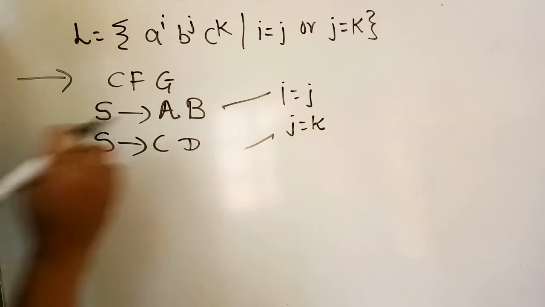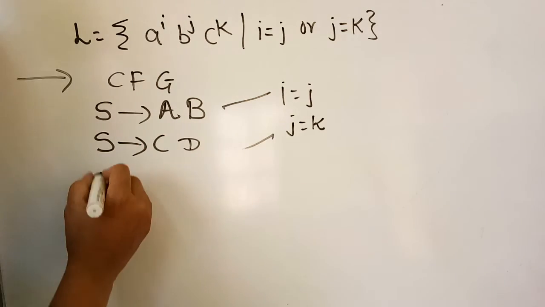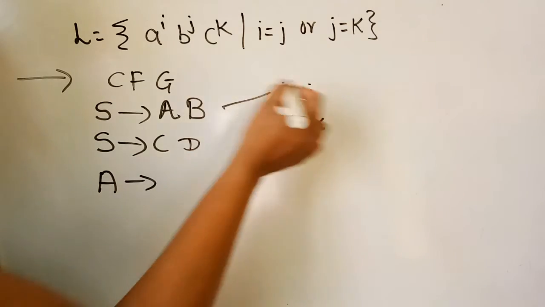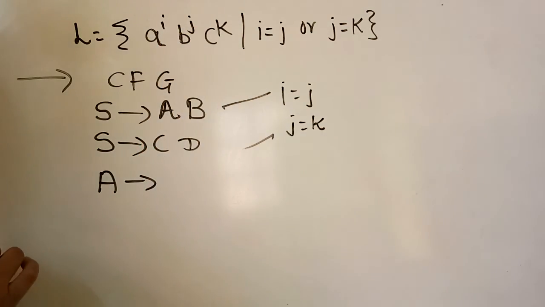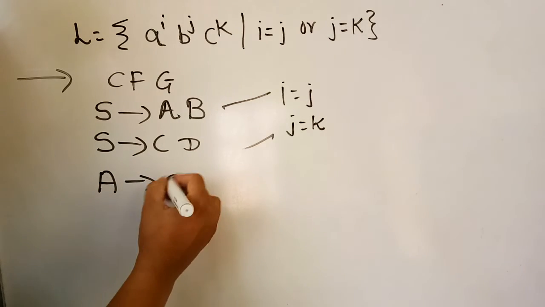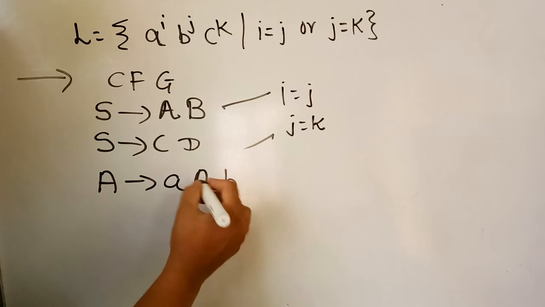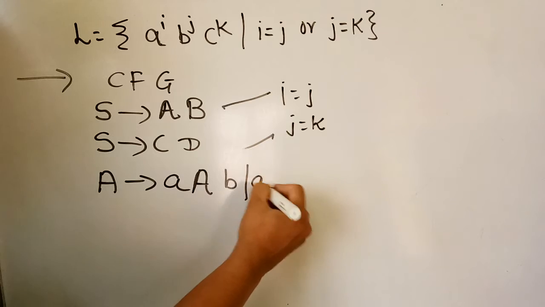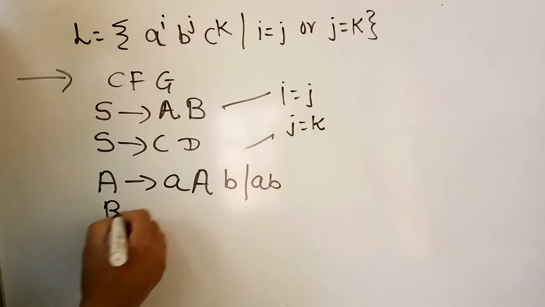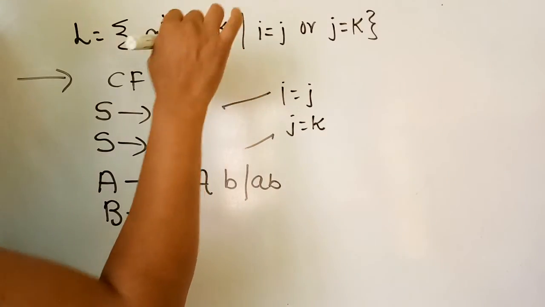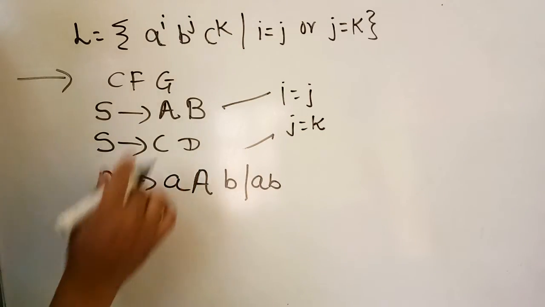What is this AB and C? A will be, here I equals J means equal number of A's and B's followed by C. Okay, so we will take it as AB will be there, but one recursive factor is there and it will be again AB. Now for B, an equal number of C's are there in a mapping condition.